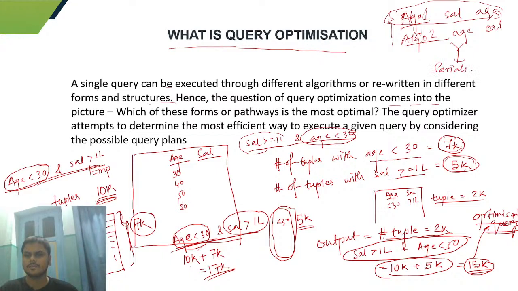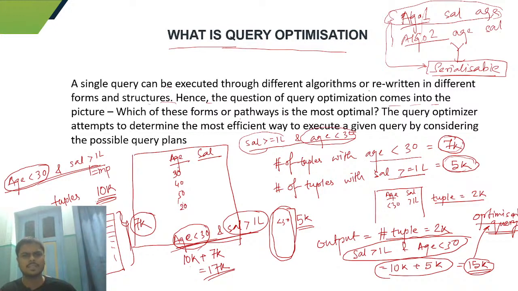Then we can apply query optimization. So which of these forms or pathways is the most optimal? Whenever we get multiple algorithms that give a serializable result for a query, we need to come up with the optimized version.